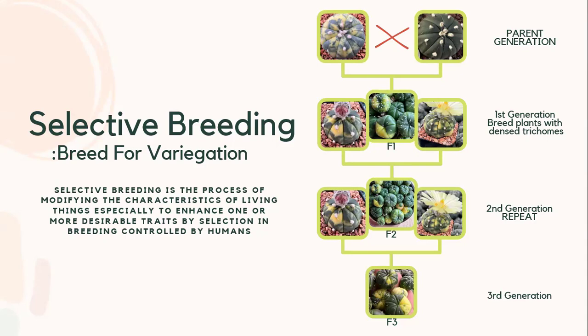But that's the easier way to look at it. If you really try to understand it, from this one plant to the first generation, this is a seedling. It will take 5 years to flower before you can have the F2. And then from the F2 to the next, it's another 5 years.